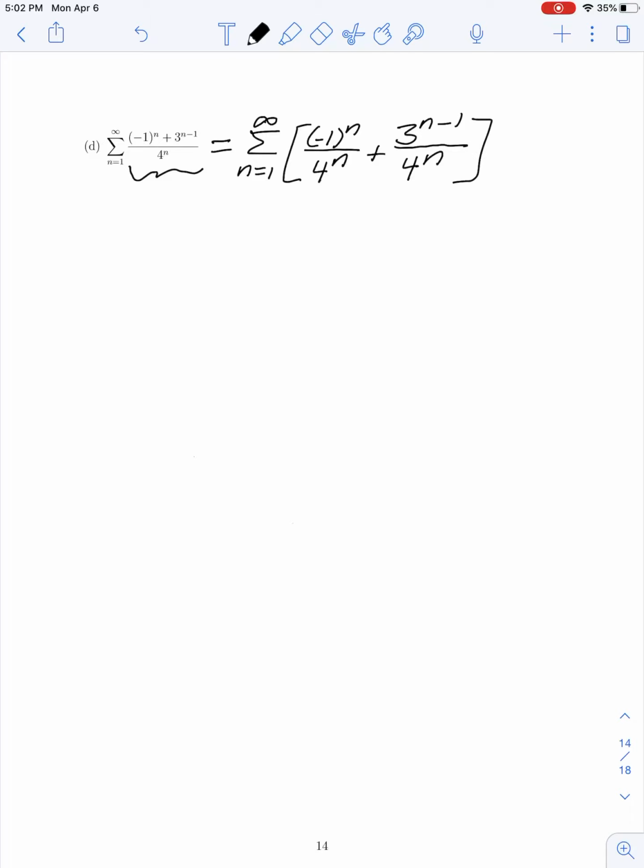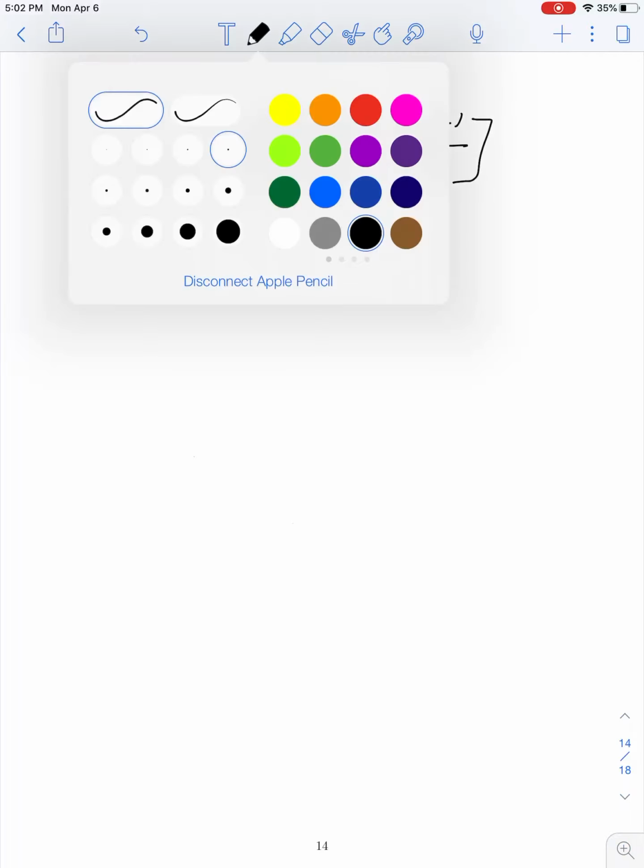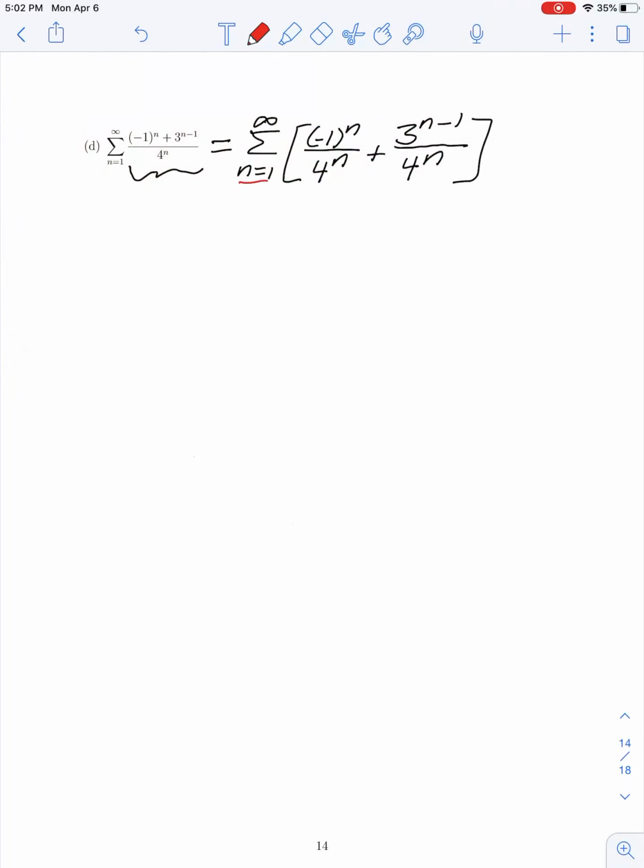So now we see that each of these individual terms looks more similar to the standard form for a geometric series. However, this sum is starting at a value of n equals 1 instead of n equals 0.